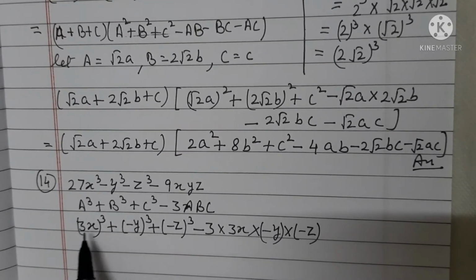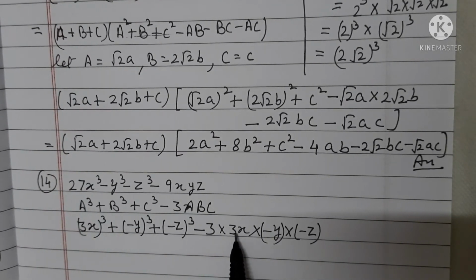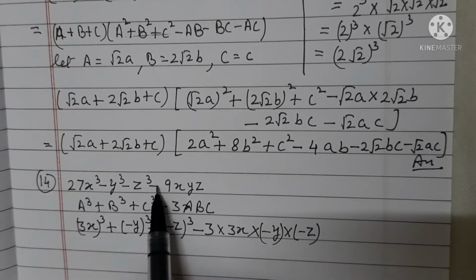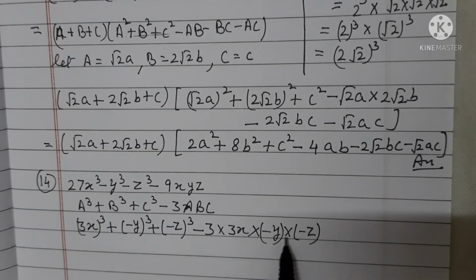Now see, 3 times 3 is 9, and minus times minus times plus gives minus 9xyz.